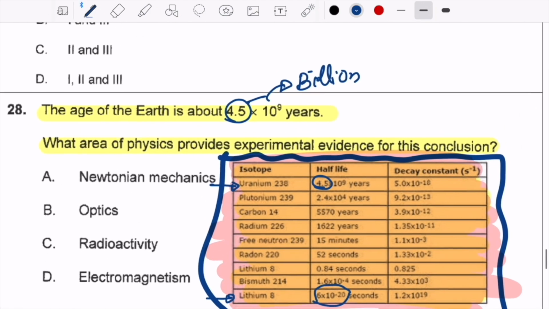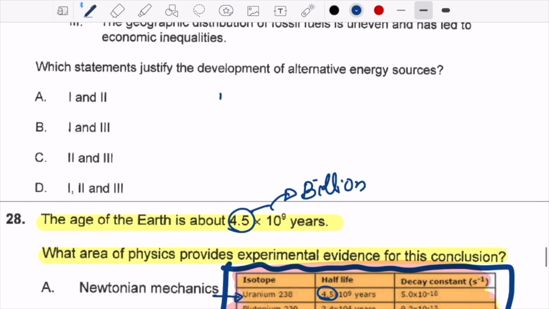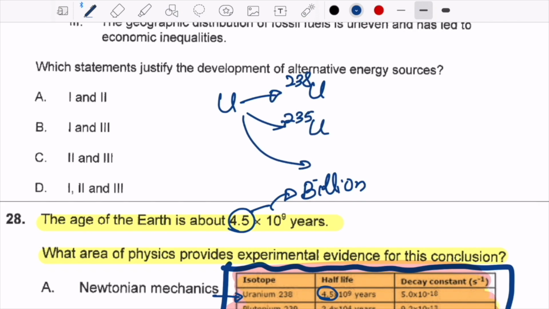Okay, let's focus on uranium. Uranium has three isotopes: uranium-238, uranium-235, and uranium-234. This is important because this is what we use for fission reactions in power stations or even nuclear bombs.